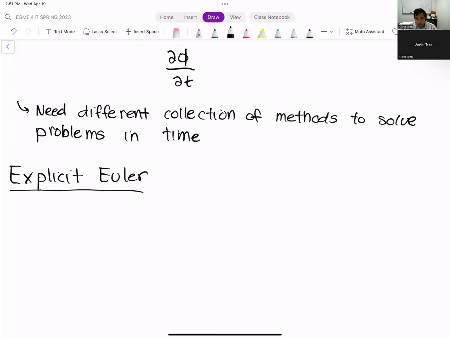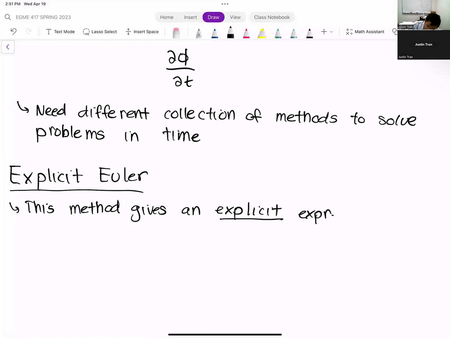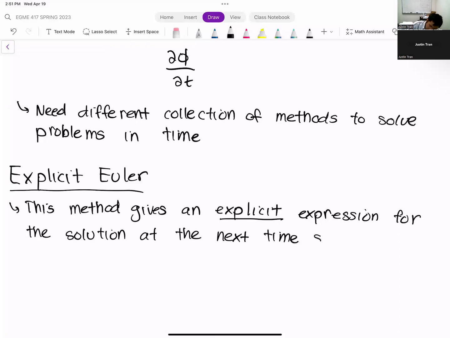So the idea with explicit Euler is that we want to have an explicit expression for solving for the solution at the next time step. What do I mean by explicit?